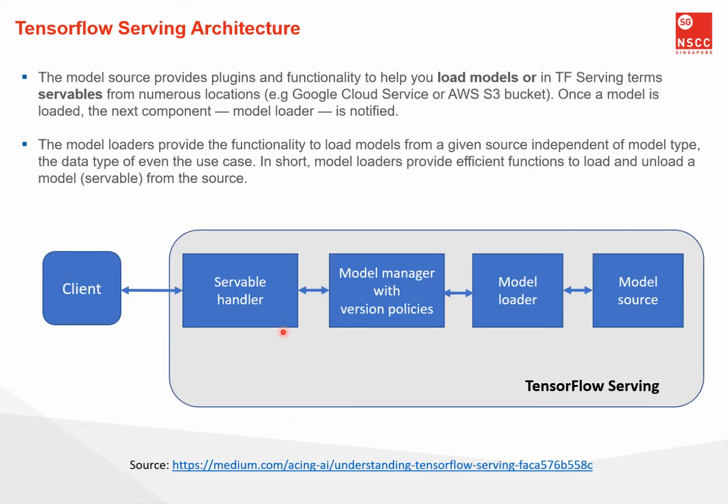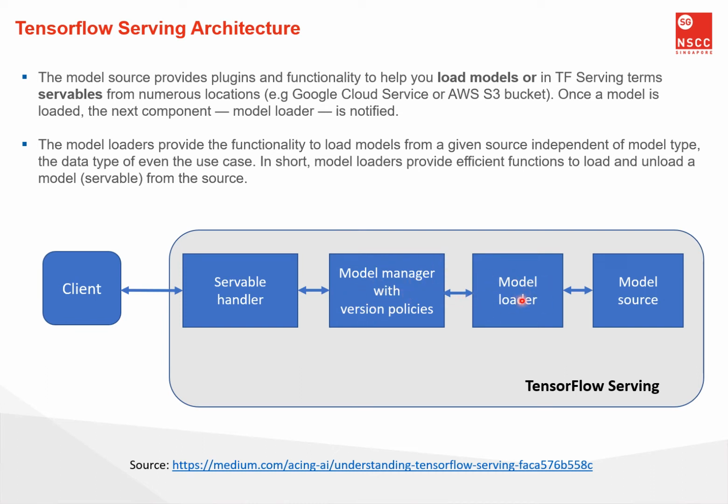So the architecture is very similar to the previous one, except that in this case, it's not multiple servers, but just different components running within one server. You can see that the model loader will load from the model repository or model source. This is basically the storage for all your trained models. You have a model manager which will take into account different versions of your trained models, so it will manage multiple versions for you.